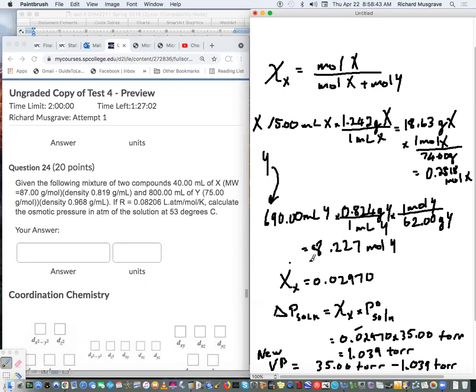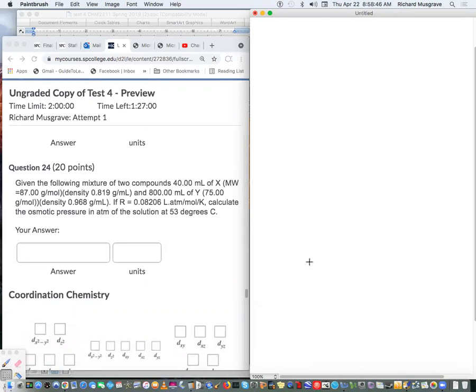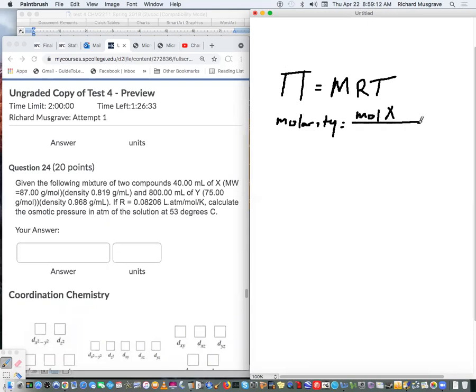Number 24 is going to be about osmotic pressure. Now, the formula you're given there, the osmotic pressure, is equal to mRT, which means we need the molarity. Now, the molarity is going to be moles of X. In this case, we've got to see if X is a liquid or a solid.